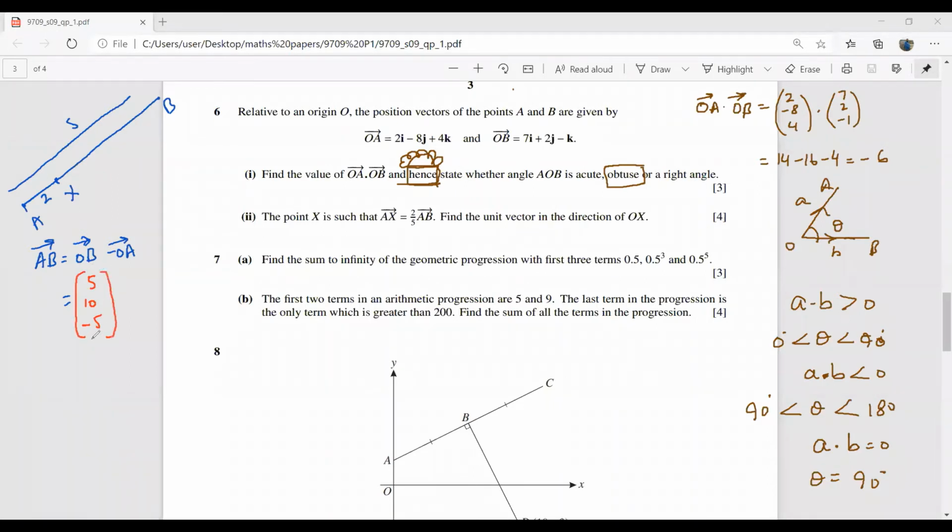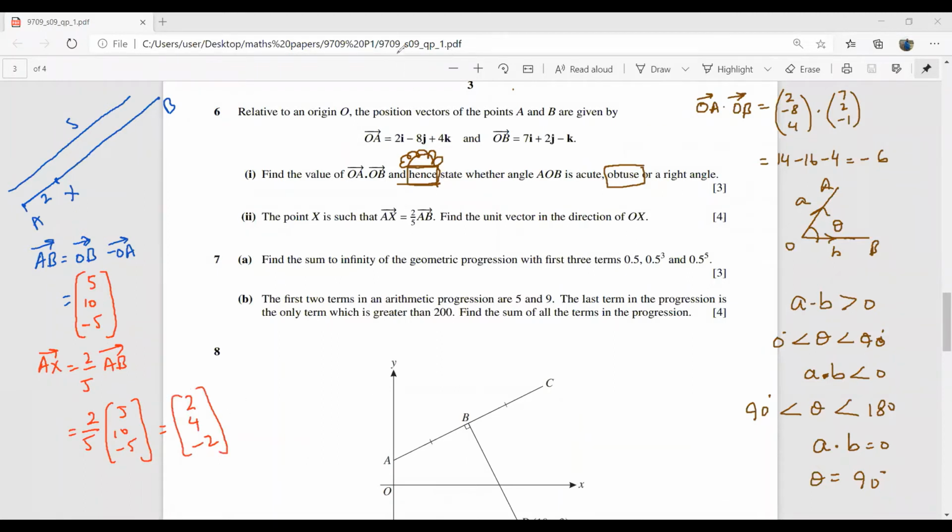And your AX is 2 by 5 of AB. So this is going to be 2 by 5 of this 5, 10, minus 5. So this is going to be 2, 4, and minus 2.